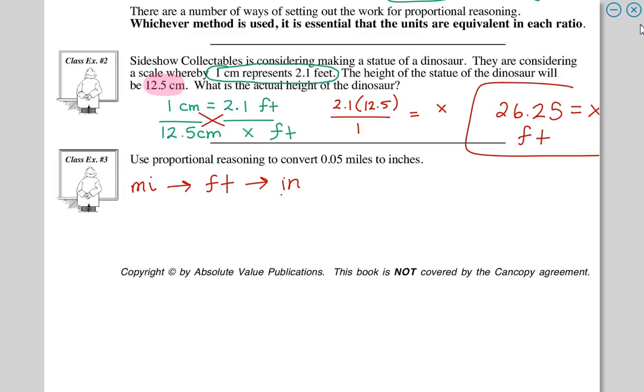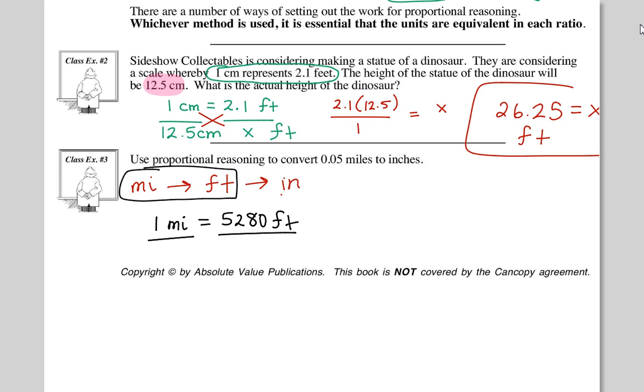So what does the formula sheet tell us about miles and feet? Let's just do this one first. So write that down, and write that down with the unit. It helps immensely. 1 mile is 5,280 feet. Now I can convert the thing they gave me, which is 0.05.